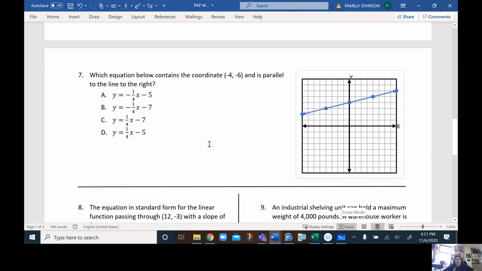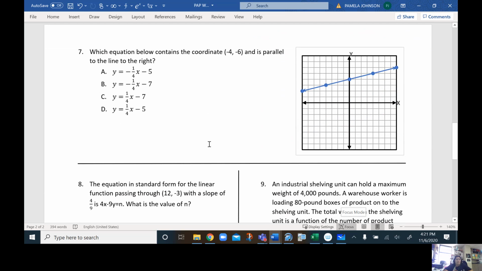All right. Number 7. Which equation below contains the coordinate -4, -6, and is parallel to the line at the right? Okay. Let me go ahead and put my -4, -6. And I did change all these. Remember, when you actually took the quiz, they were all pluses, and I told you that was a typo as well.